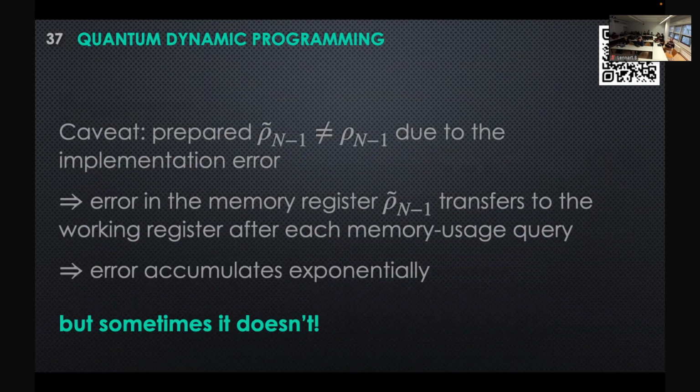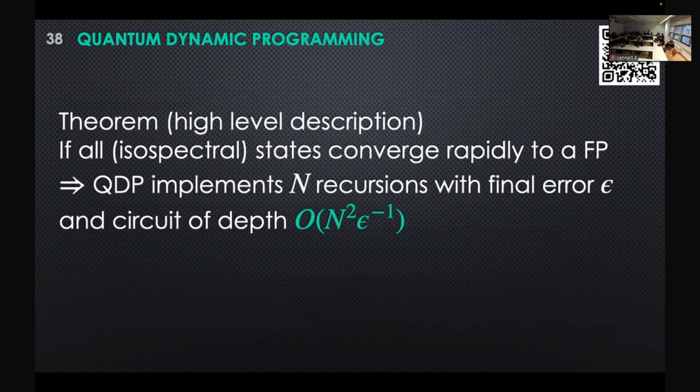I just mentioned that the error blows up exponentially and we cannot continue this forever, but sometimes we can. And that's actually our main theorem. If the recursion is nicely converging, so if all the isospectral states converge rapidly to a fixed point, then QDP can implement n quantum recursions with any final error epsilon, and circuit depth just quadratic in n, not exponential.